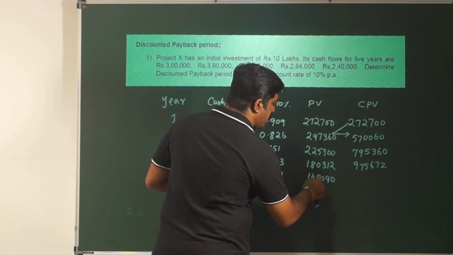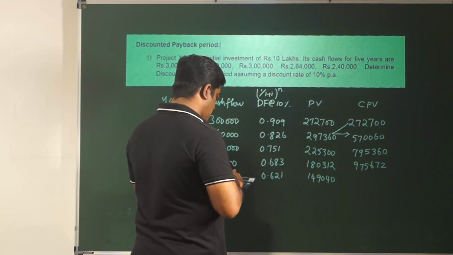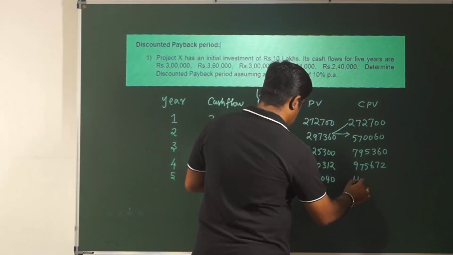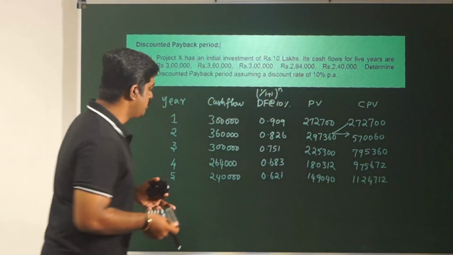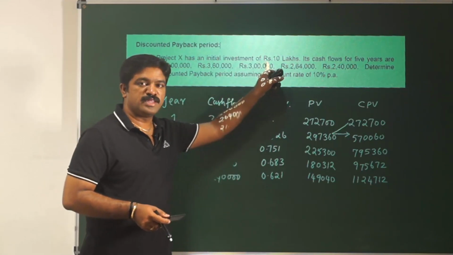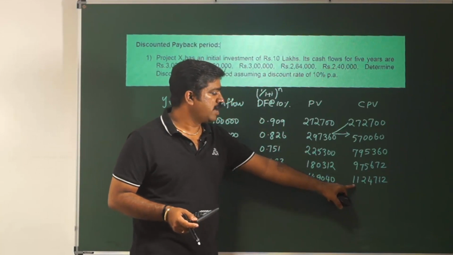Now this has to be added to the cumulative PV: 975,672 plus 149,040. What we get is 11,24,712. So if you notice, in the fifth year you have crossed 10,100,000. The amount invested is 10,100,000. The cumulative PV position is 11,24,712.